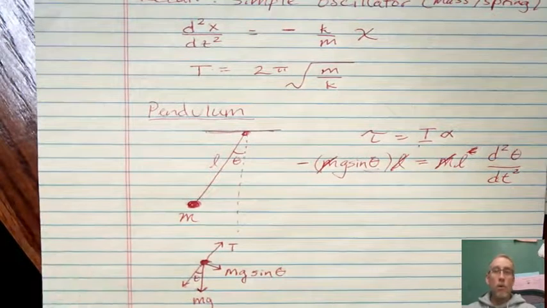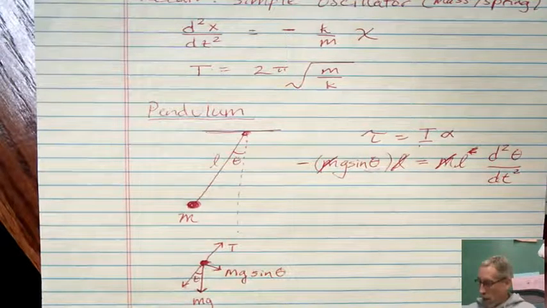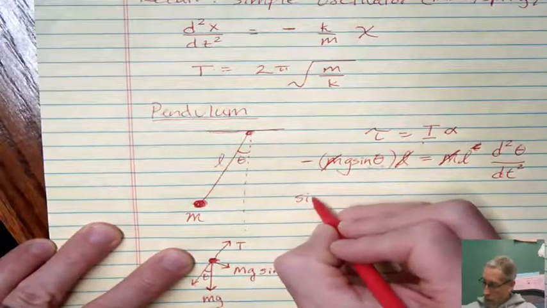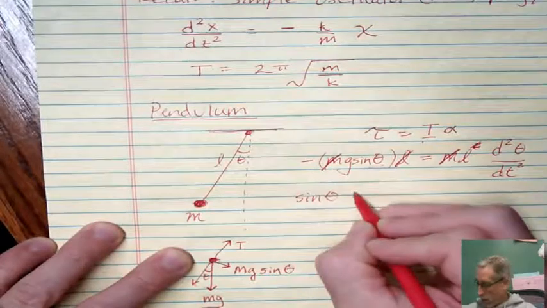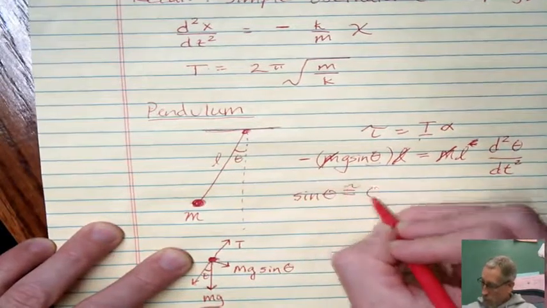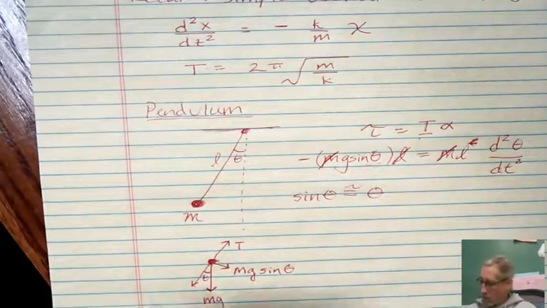And I'm going to do a very important thing that's going to seem kind of silly, but it's very critical to being able to describe this differential equation. I am going to replace the sine of theta with theta. So it's like I just got rid of sine, but there's a reason for that.